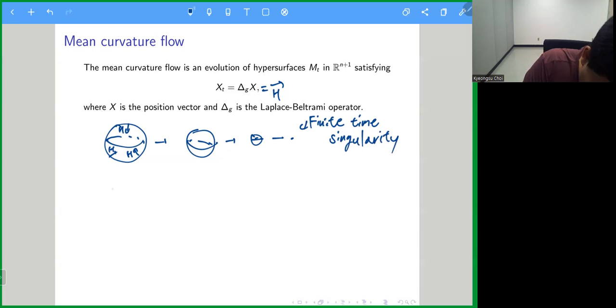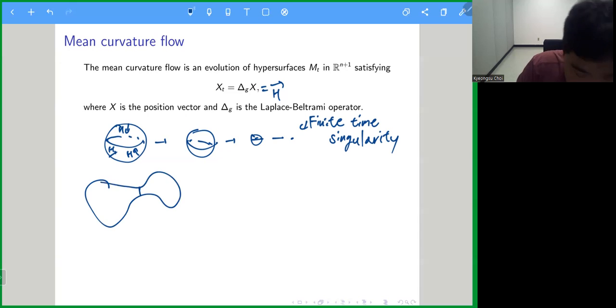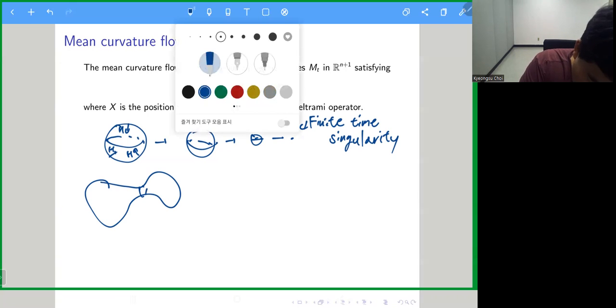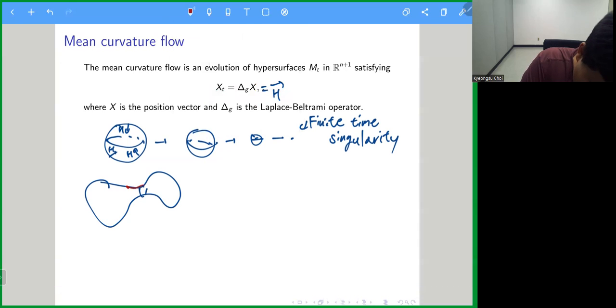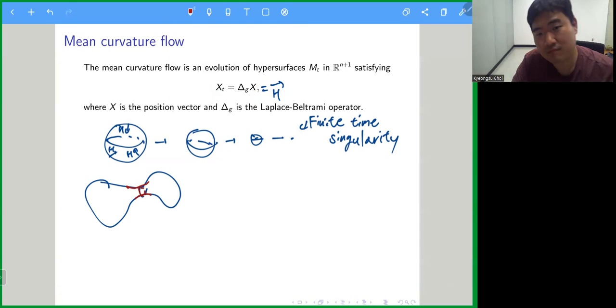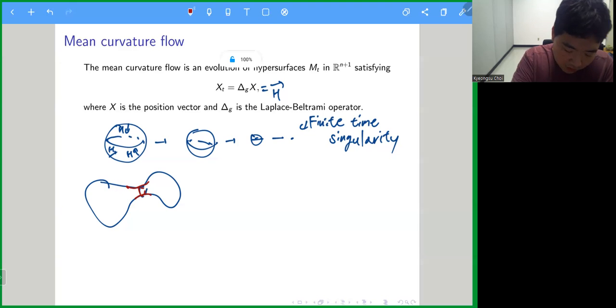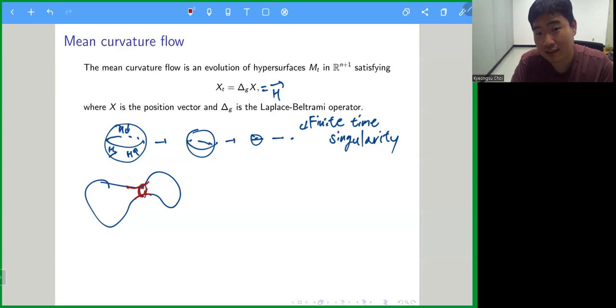And another typical interesting model is this dumbbell-like surface. In this dumbbell shape, here it looks like a saddle. So the principal curvatures around the neck have different signs, but the curvature along this narrow neck is greater than the other principal curvature along the rather flat side.